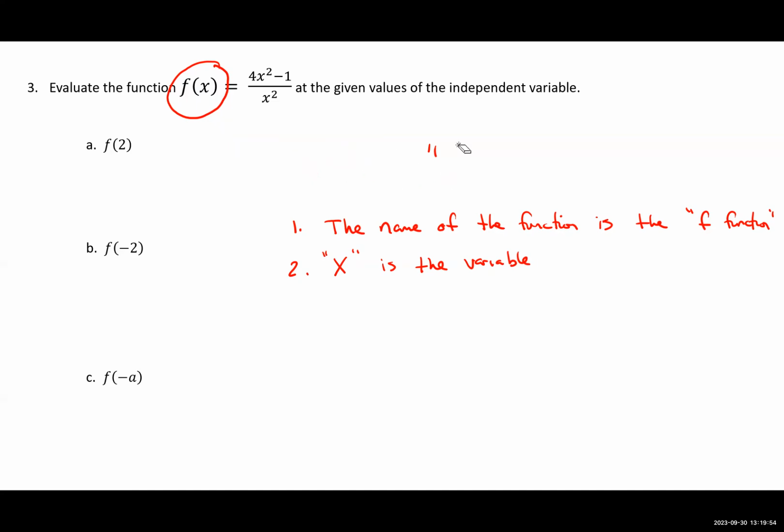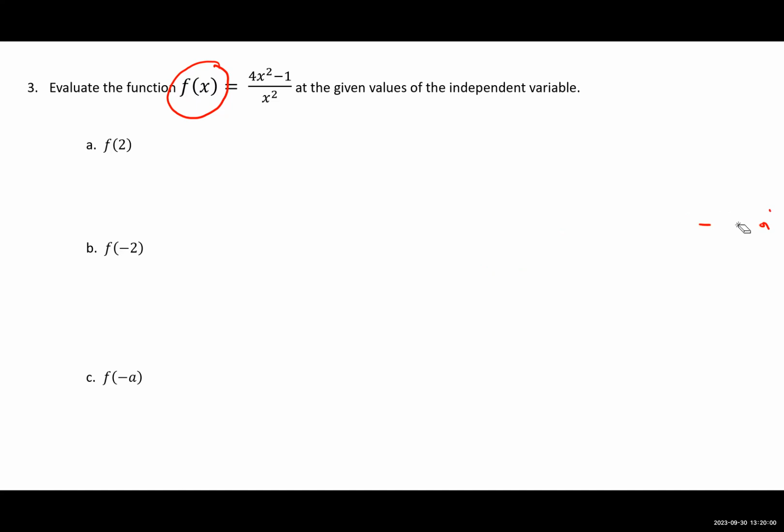So we're not solving, we can't solve functions. There's nothing to solve for. So what we're doing in this case is evaluating the function. So what can we do with functions? We could evaluate functions, we could graph functions, we could combine two functions together, we could add two functions, multiply two functions. We just can't solve functions. There's nothing to solve for.